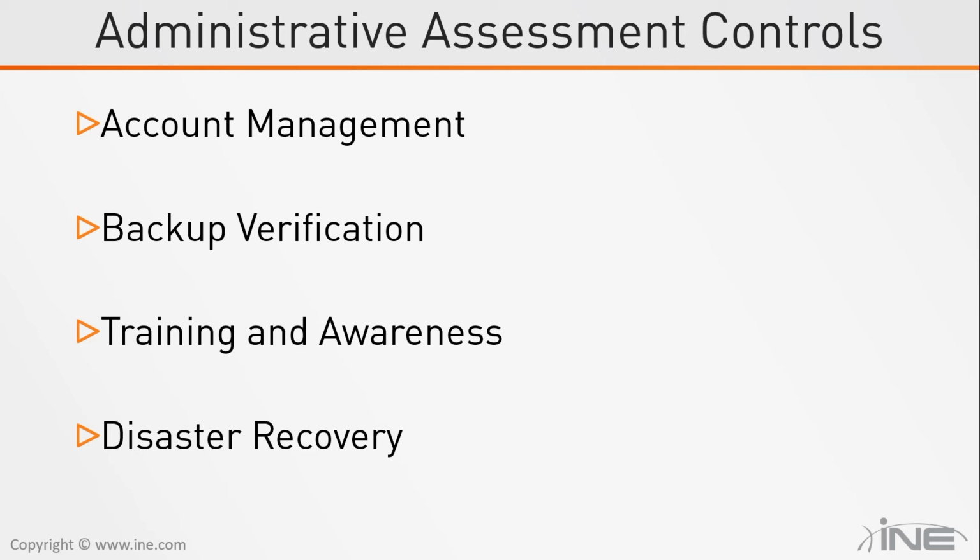Training and awareness. People are the weakest link in your organization. So you need to have very good awareness training for these people. You need to train them about how to see the different circumstances that you may have in the organization, whether you have some ransomware, some virus attack, or a social engineering attack.